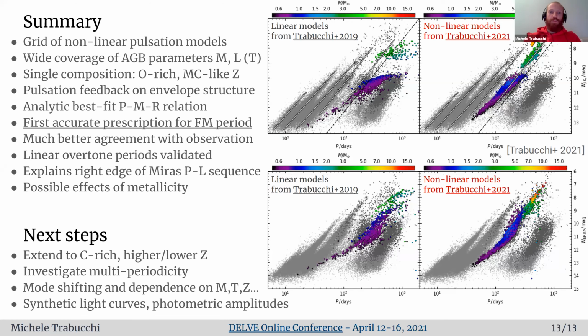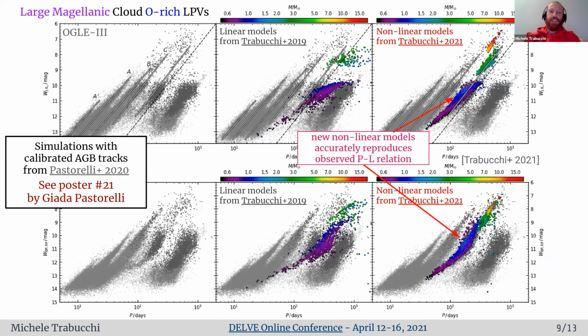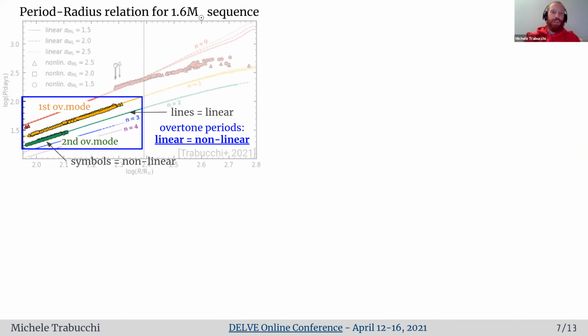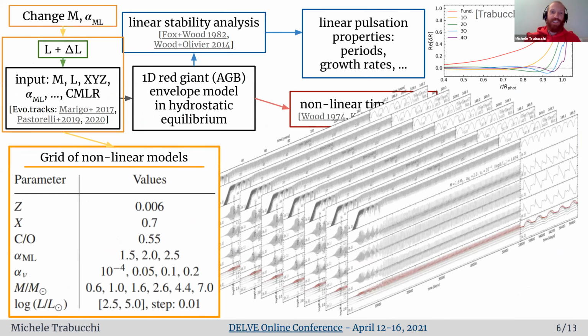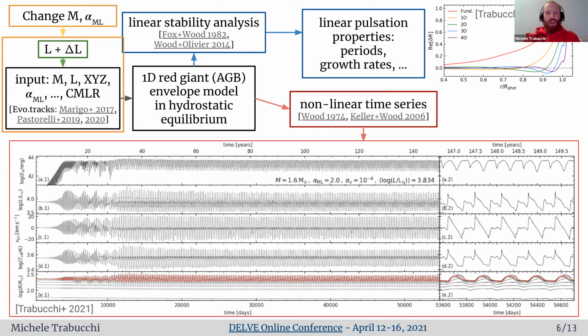Okay, so that makes sense. I realize that I seemed a little speedy through this explanation. Basically, we are computing two different grids of models. One is a linear grid, so basically we compute the natural frequency of resonance for the stellar structure. This is the linear approach. The nonlinear is different.